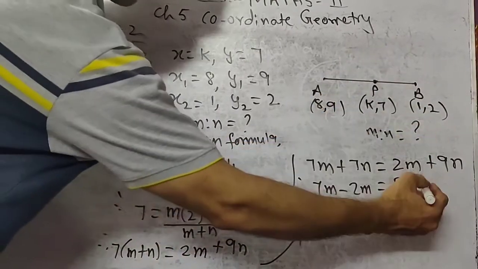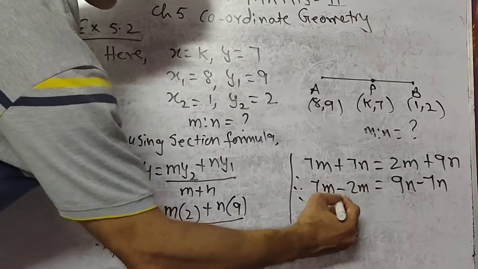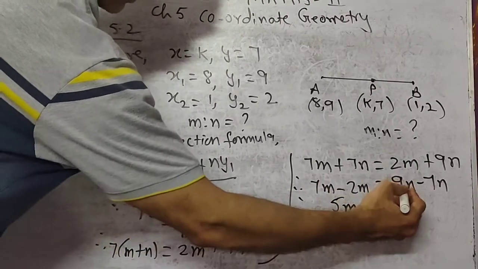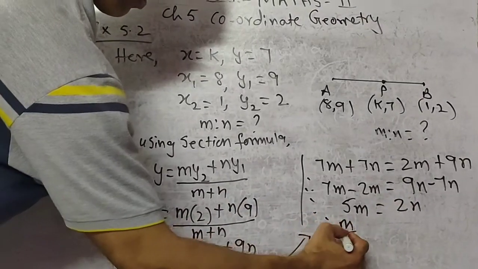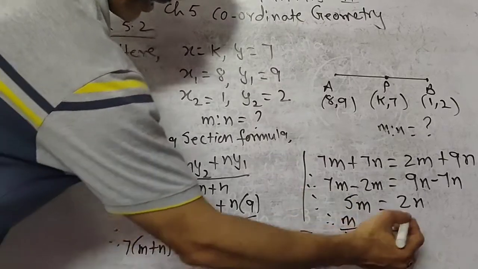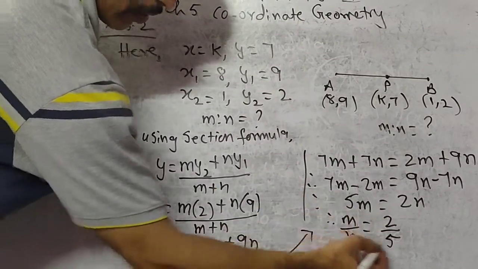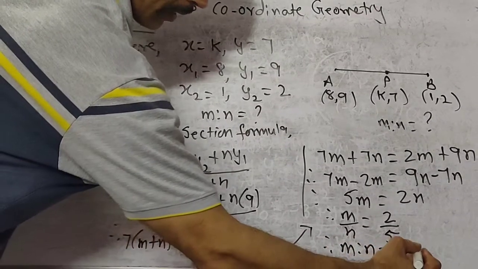This will go there, becomes minus. Okay, you know very well. 7 minus 2 is 5m. 9 minus 7 is 2n. Therefore, m upon n is equal to 2 upon 5. So you got m ratio n is 2:5.